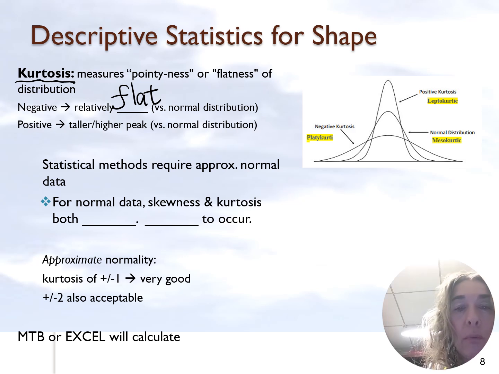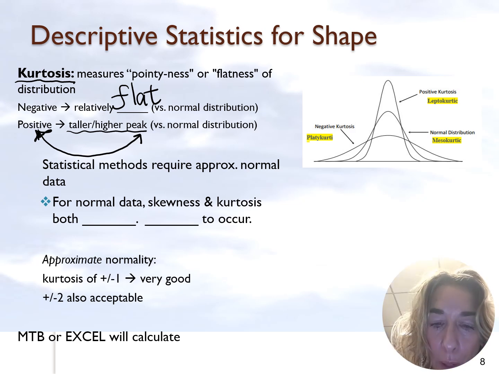So the normal distribution in this case is our comparison. If you get a positive kurtosis value, that says that your distribution is a little bit taller or has a higher peak than the normal distribution. You can associate positive with peak to keep those straight.